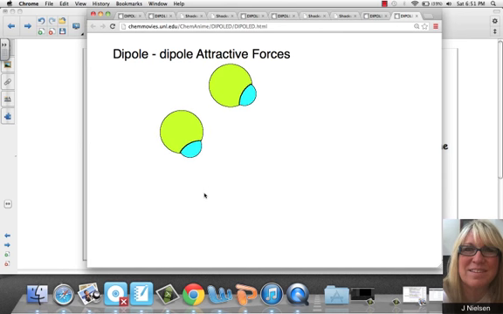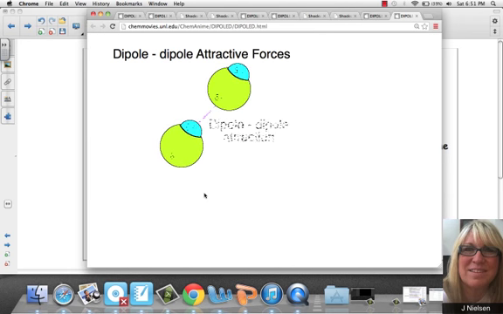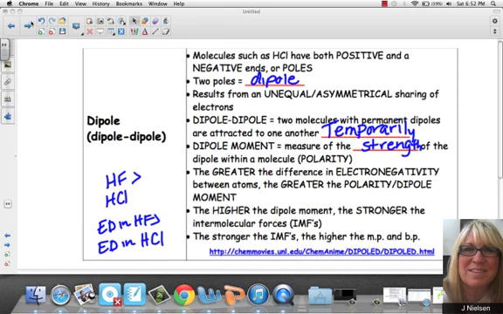And what happens is that these molecules will position themselves so that a positive and a negative end are attracted to one another. And this is called the dipole-dipole attraction, or the dipole-dipole intermolecular force. This is the intermolecular attraction, the dipole-dipole attraction between the positive end of one molecule and the negative end of another. And let's take a look at the last one now.